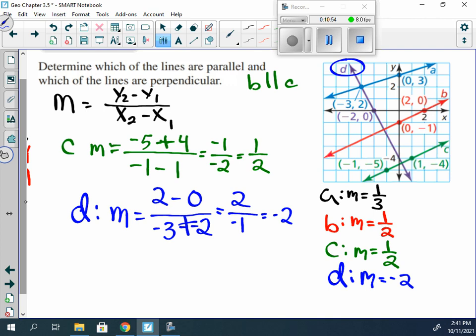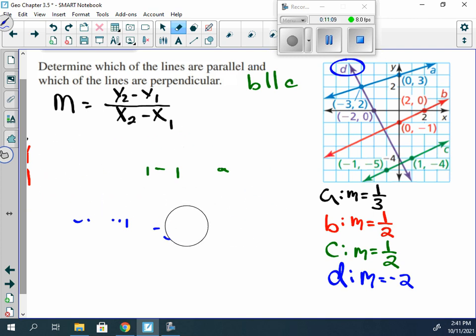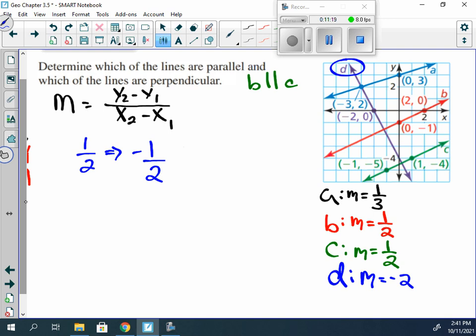Well, -2 is not the same as any of these slopes, is it? No, because it's not the same as 1/2 or 1/3. So we might be dealing with perpendicular, because for 1/2, if we change the sign from positive to negative and then flip it, it'd become -2 over 1, which is -2.